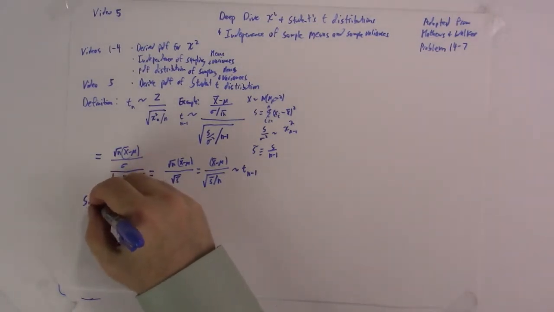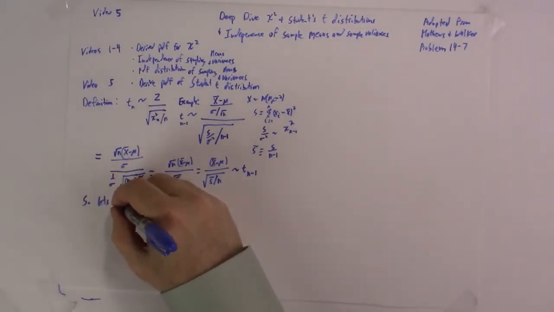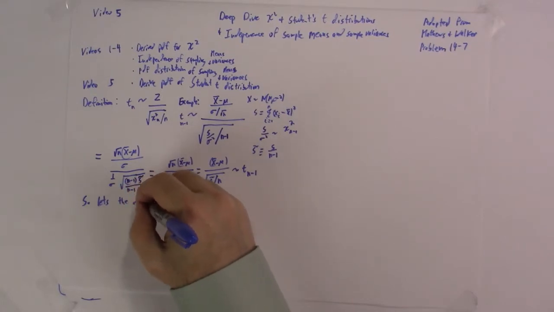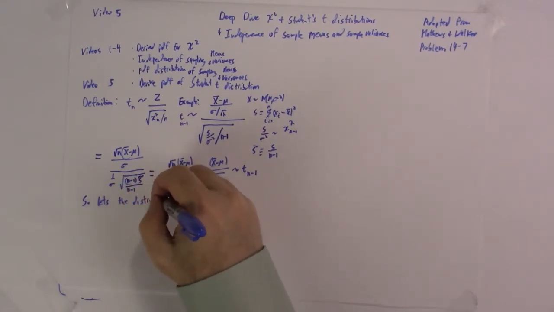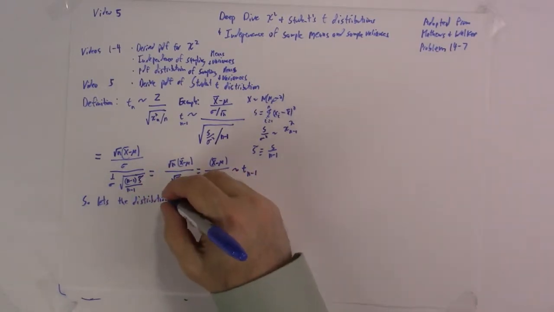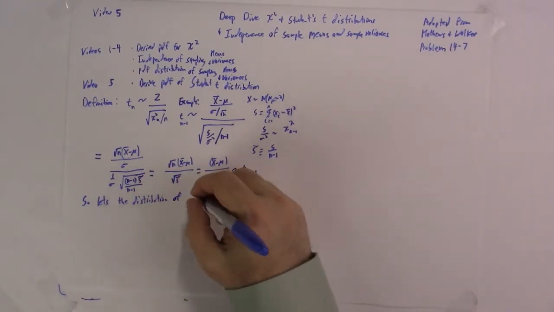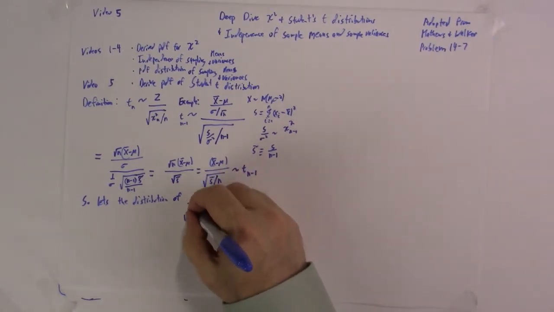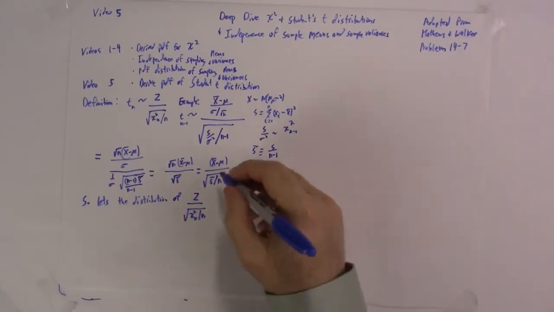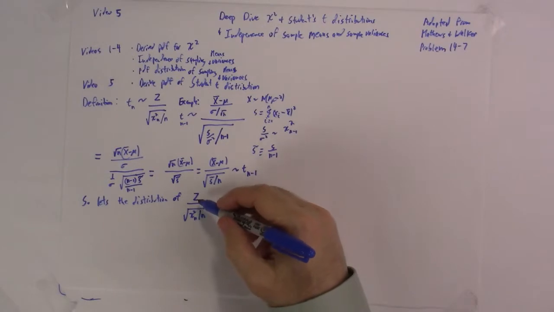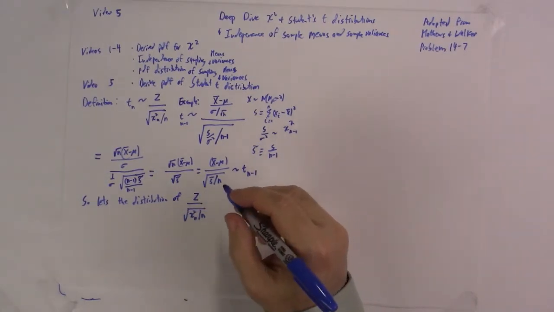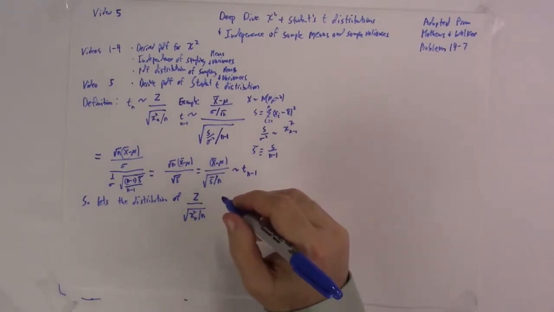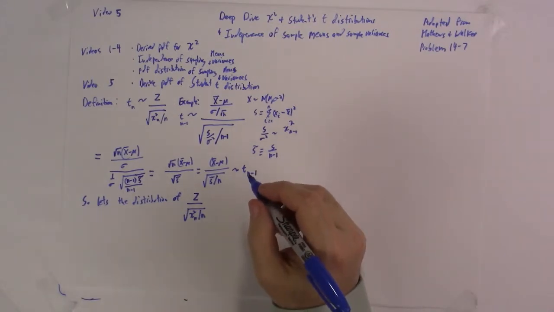Okay, so let's find the distribution of z divided by the square root of chi-squared n over n. I'm not going to do the n minus 1 here. I'm going to do the Student's t_n. You can just substitute n minus 1 for n to get the t_(n minus 1).